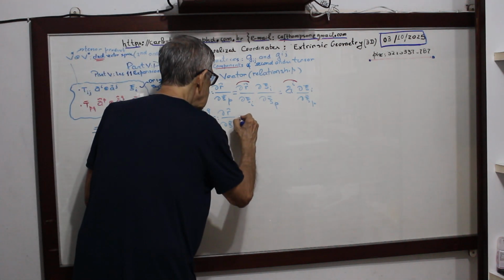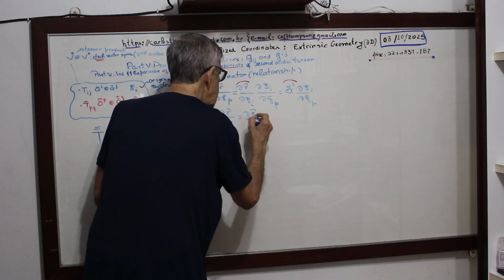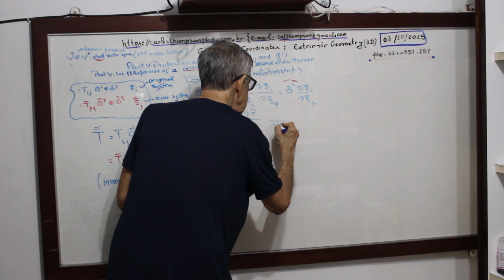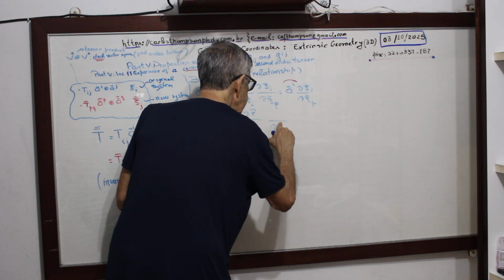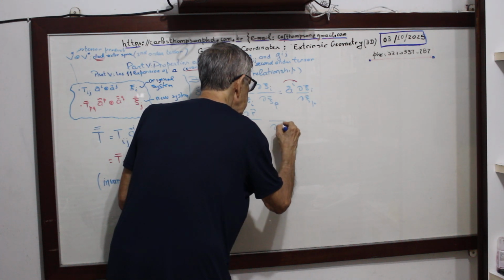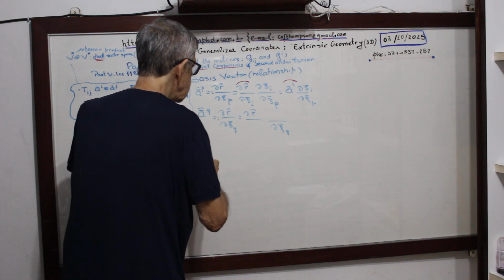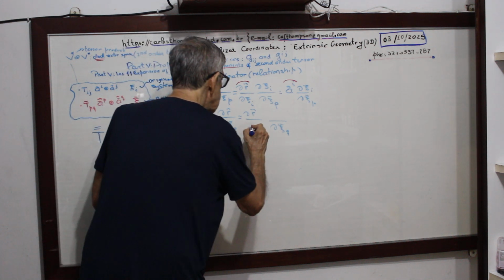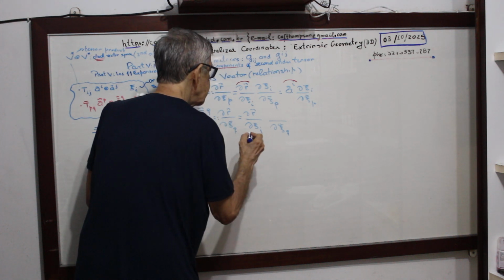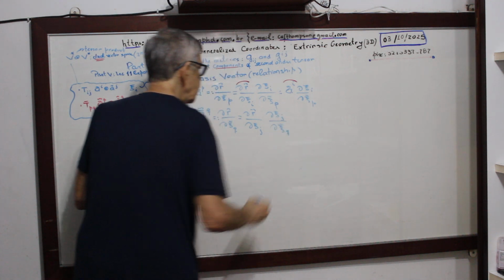Again, the chain rule: partial of r, partial of c^j, partial of c^j, partial of c bar^q.